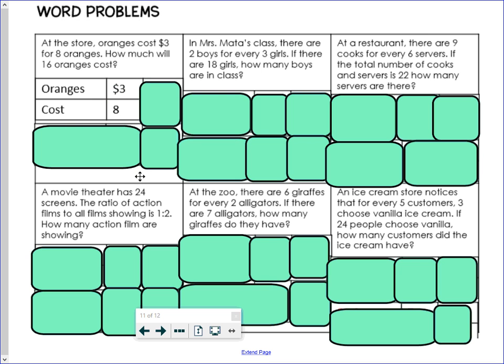And so there's a mistake there. So 8 oranges equal $3. And I want to have the same thing here. So what we're trying to find? We're trying to find 16 oranges, and we're trying to figure out how much it costs for 16 oranges. So our X goes for the cost.